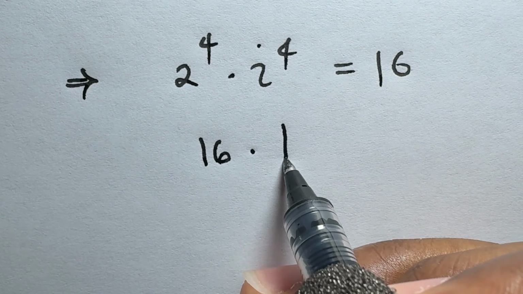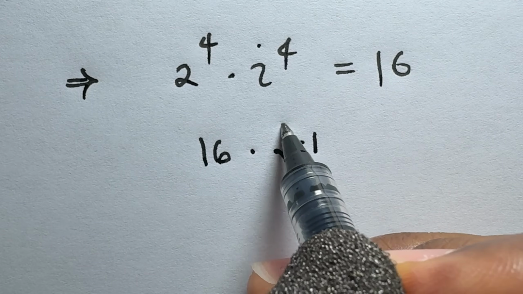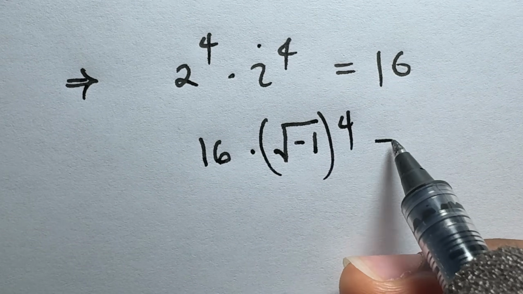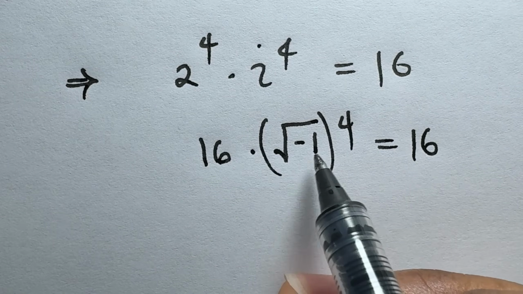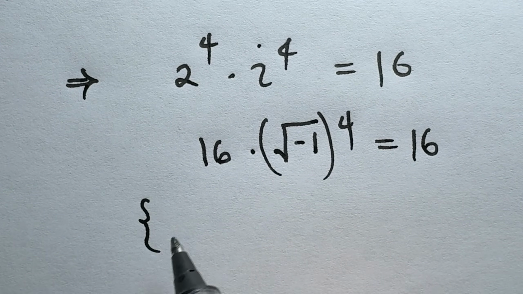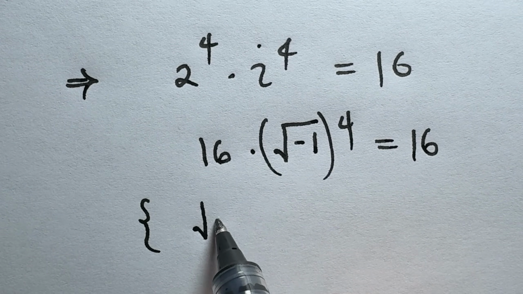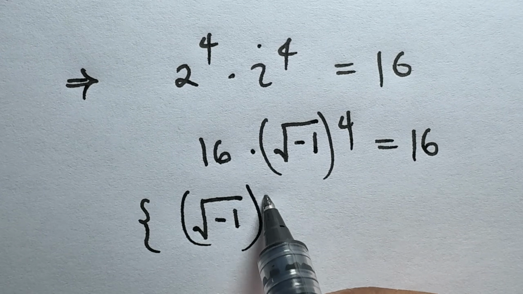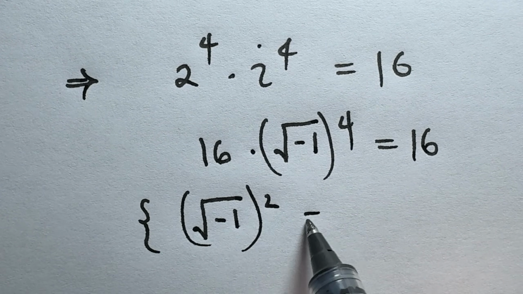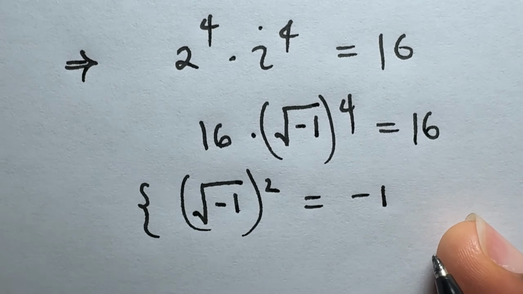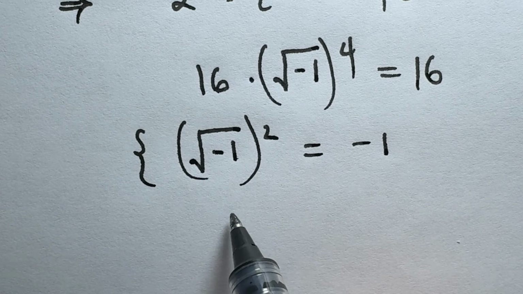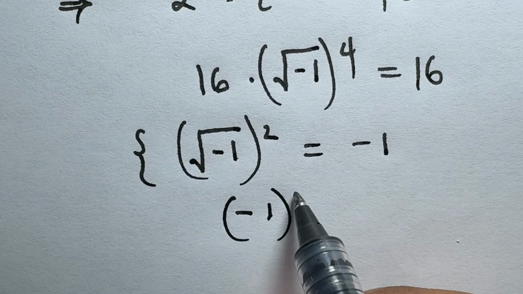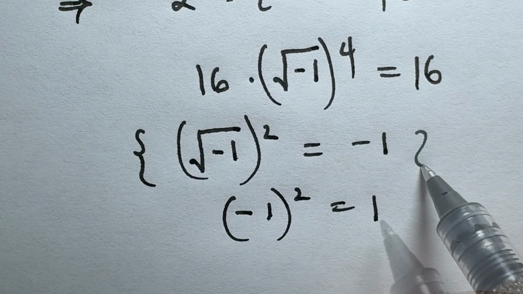And i itself is the square root of negative 1, then raised to power 4. Notice that the square root of negative 1 raised to power 2 is equal to negative 1. And then negative 1 raised to power 2 will give us 1.